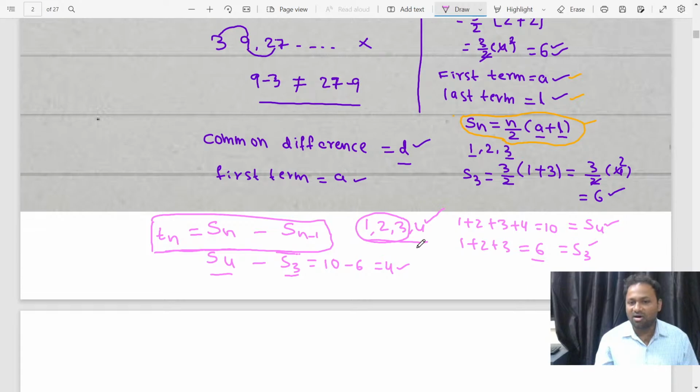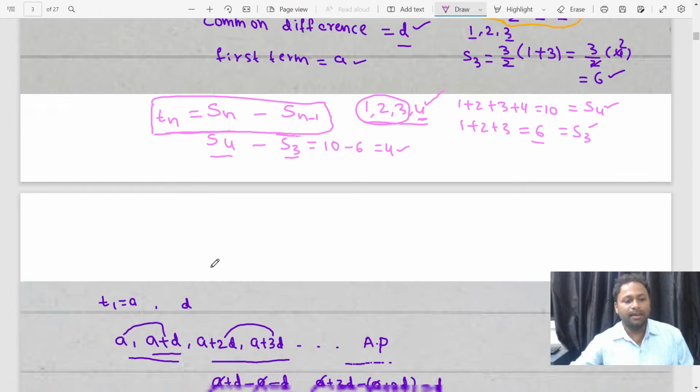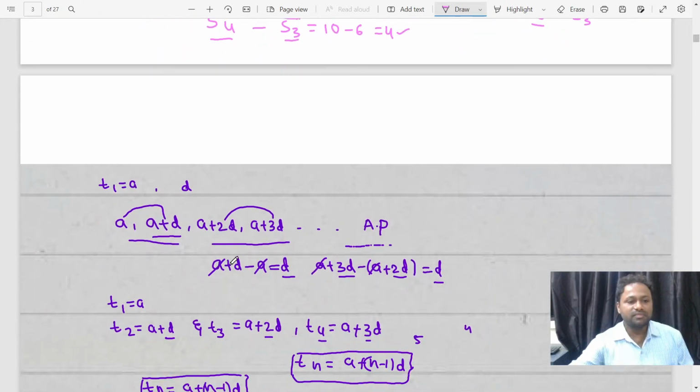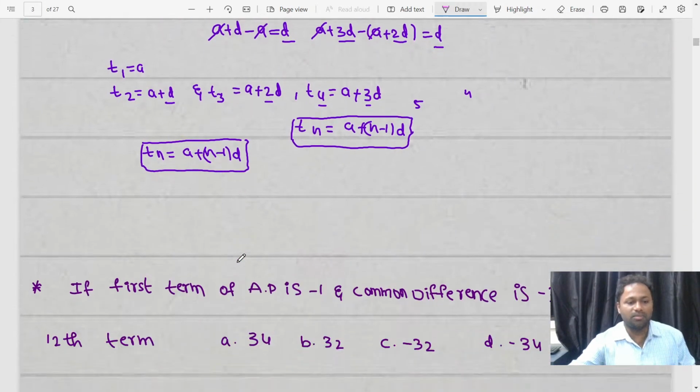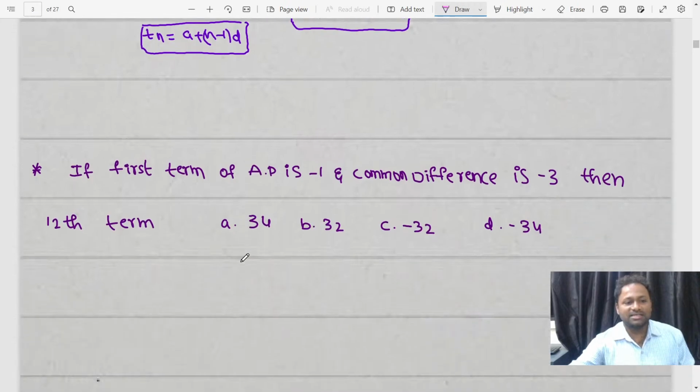The difference is the last term, that is 4. Similarly, Sn minus Sn minus 1, the last term will be Tn. Okay, based on this I will do some problems. Let us see the first, easiest problem we will solve.